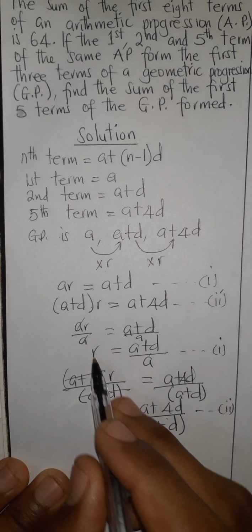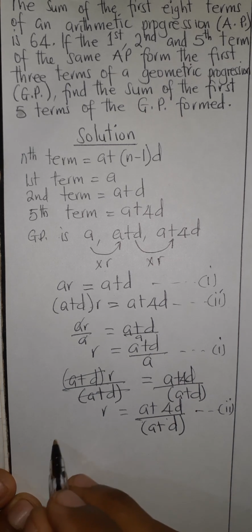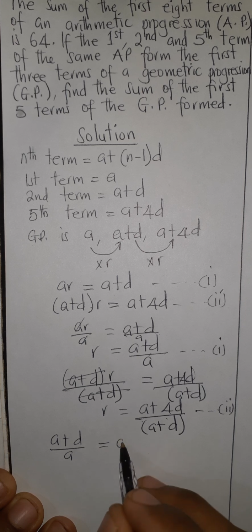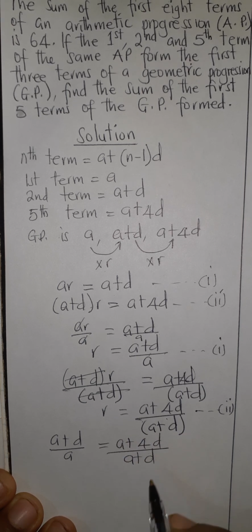So both are the common ratio, which means A plus D over A is equal to A plus 4D over A plus D.